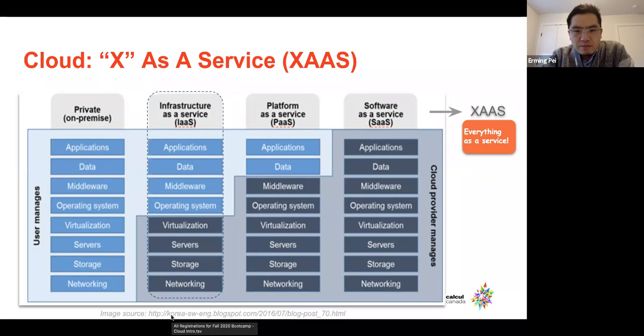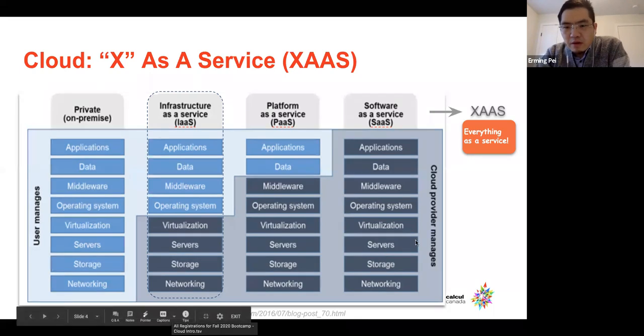With a platform as a service, you can do even less. You only need to put your data in the cloud and deploy your applications, so you don't have to worry about even the operating system or middleware. With software as a service, it nearly does everything for you, and you only need to focus on your own business.